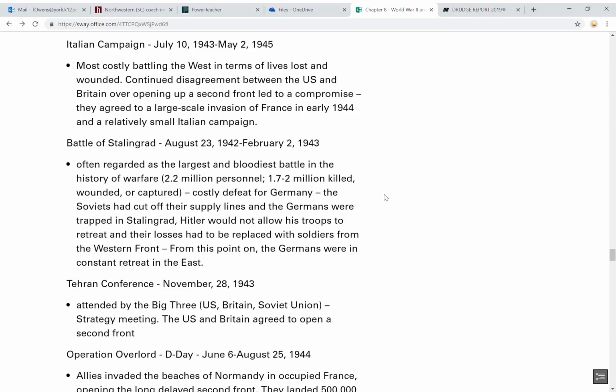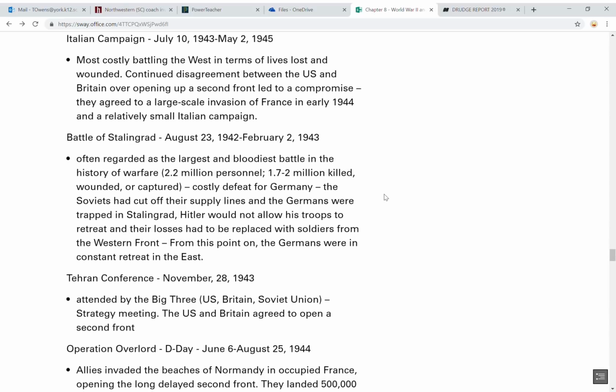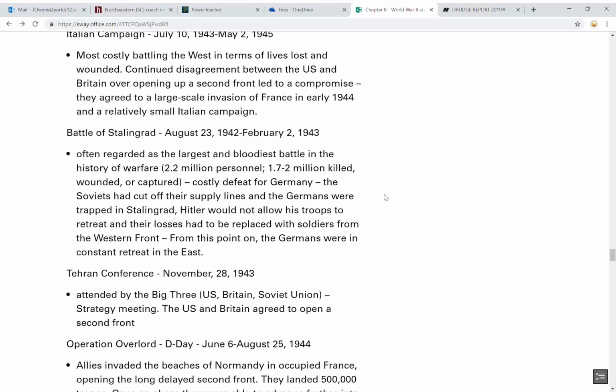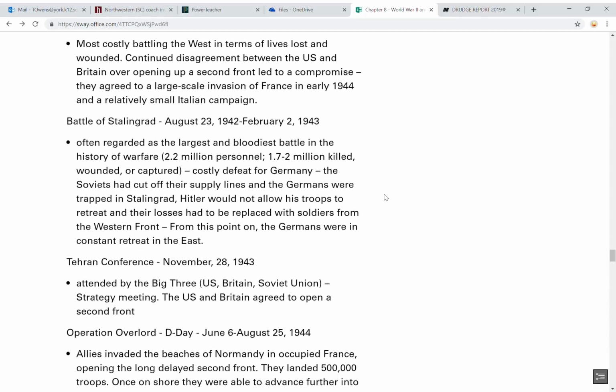But you start looking at these campaigns and this battle right here, and these are very long battles. Russia's a tough country to invade, and Napoleon found that out, but so does Hitler. You have to be careful when you invade Russia because of the weather. It gets very cold, and the weather is probably the biggest protection that they have. They're going to invade in August, which is summer, but you don't have much longer for the warm weather.